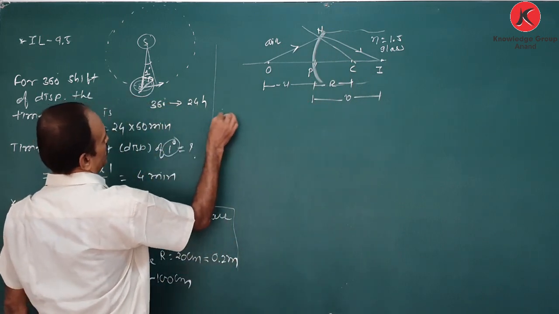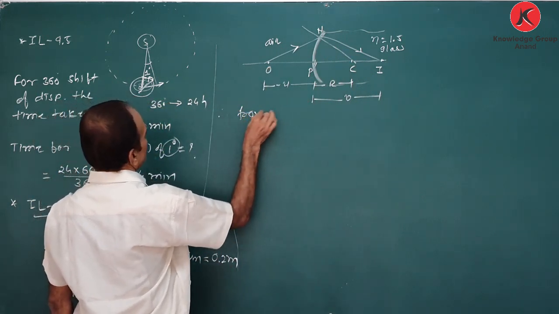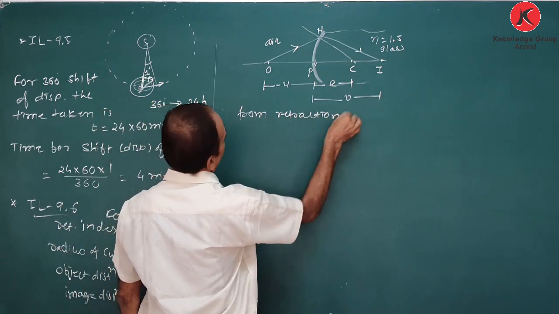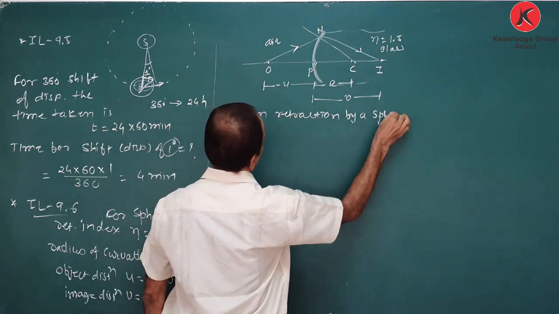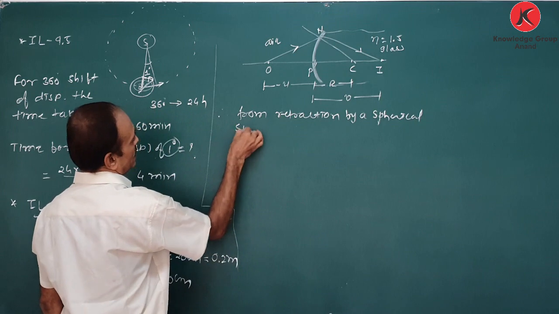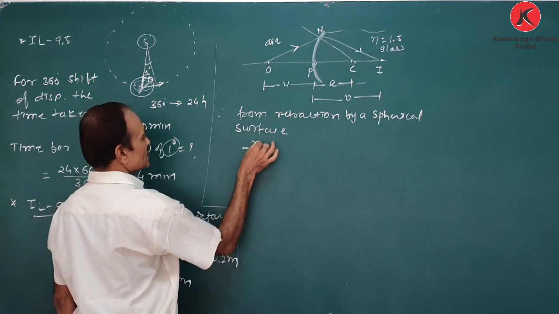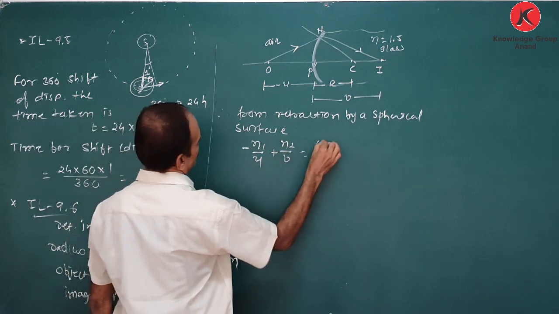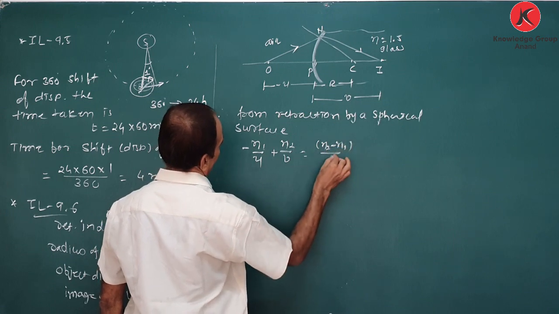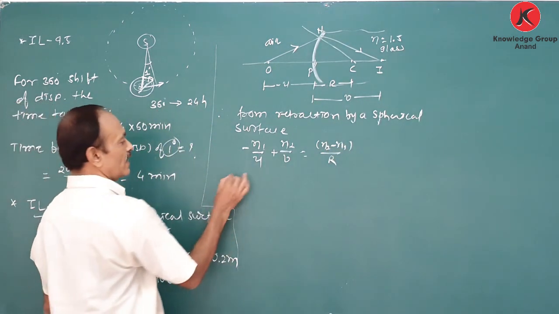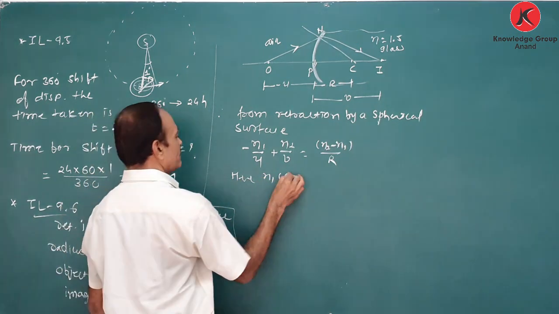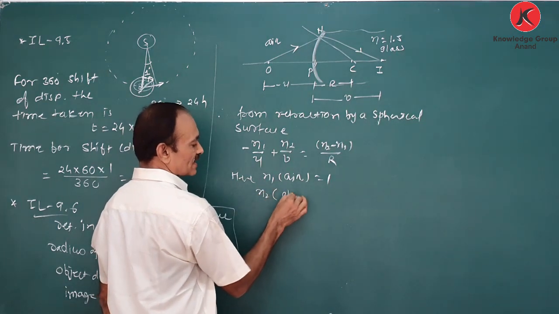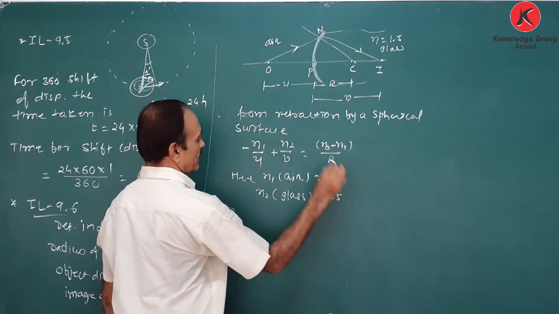Therefore, for refraction by a spherical surface, we use this equation: minus n1 upon u plus n2 upon v is equal to n2 minus n1 upon R. Here n1 for air is 1, and n2 for the given glass medium is 1.5.